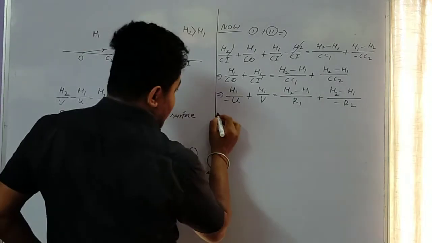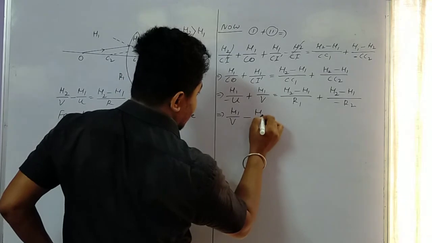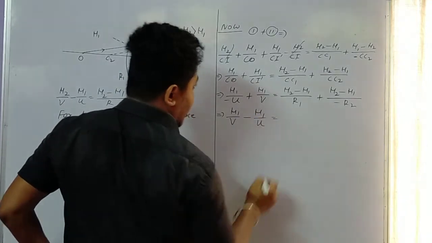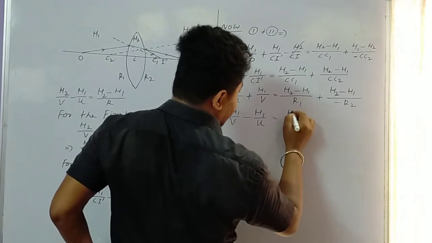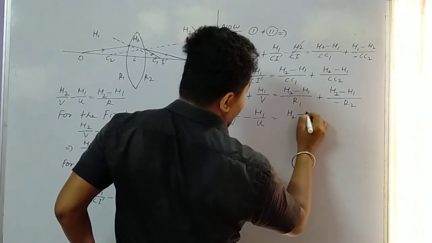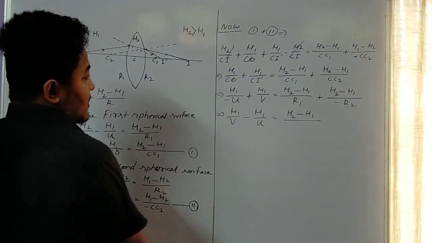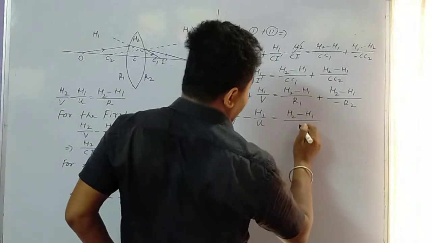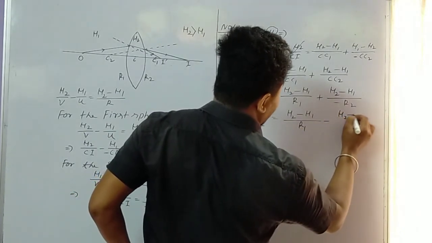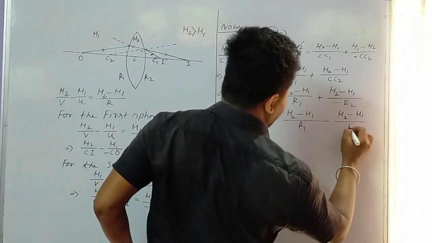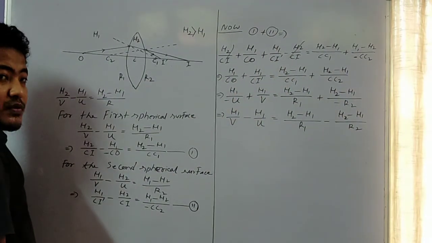So if I arrange it now, mu1 by v minus mu1 by u is equal to again mu2 minus mu1 by r1, plus mu2 minus mu1 by r2, minus plus minus I have written, this is r minus u. Understand?